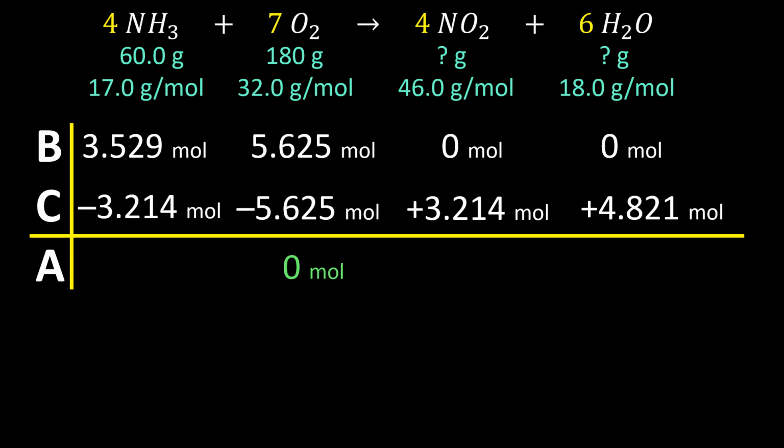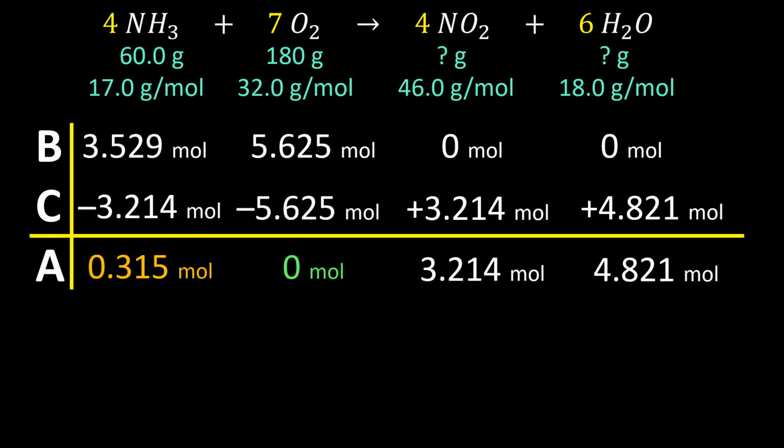That leaves me with 0 moles of oxygen left over at the end of the reaction. I can subtract the two numbers in the ammonia column to find that I have 0.315 moles of ammonia left over at the end of the reaction. And for the products, I just bring those numbers down. That's how much is produced in the reaction: 3.2 moles of nitrogen dioxide and 4.8 moles of water.